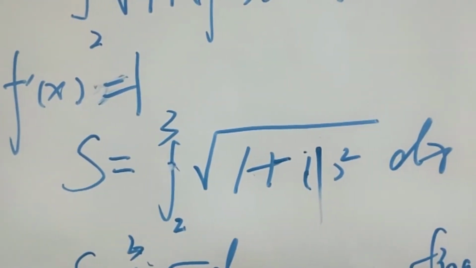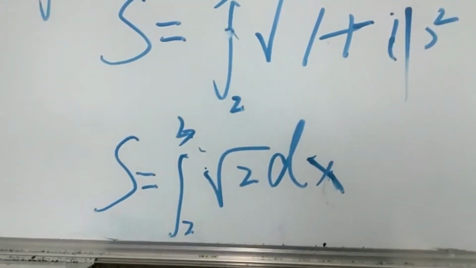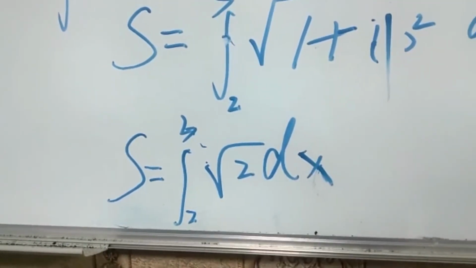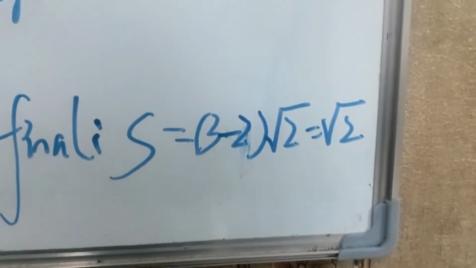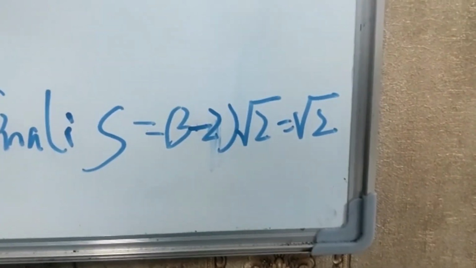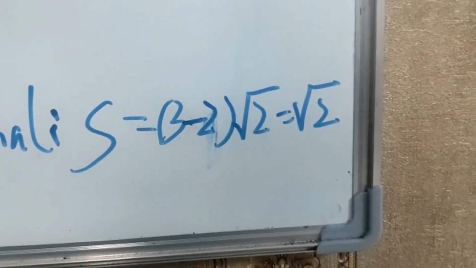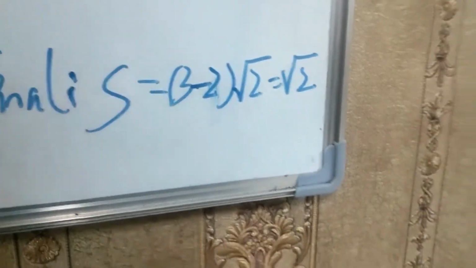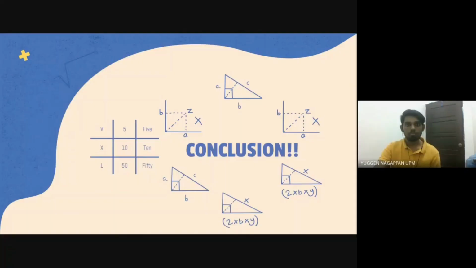It's very easy to get a simpler answer. Then we will get the final integral, and the last answer is just square root 2. Yes, square root 2 is our final answer. Thanks everyone. My part is finished.